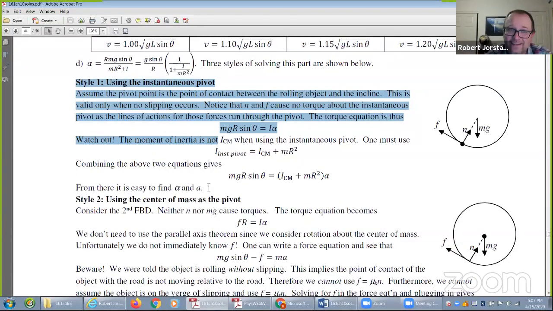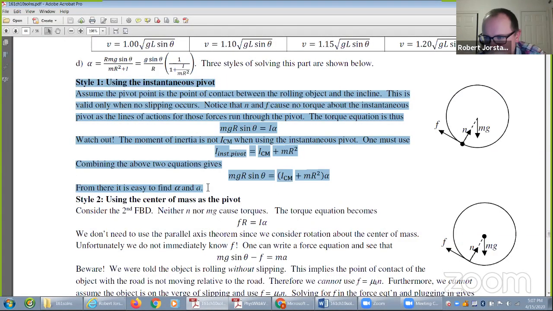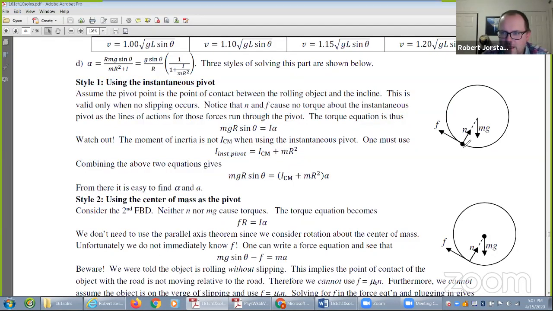I like style 1, but it requires you to learn a little bit and think a little bit differently than maybe what you've done in the past. So here's the deal. This point is called the instantaneous pivot. That is the point of the wheel or the ball or whatever that is in contact with the road. So I'm calling it the instantaneous pivot.